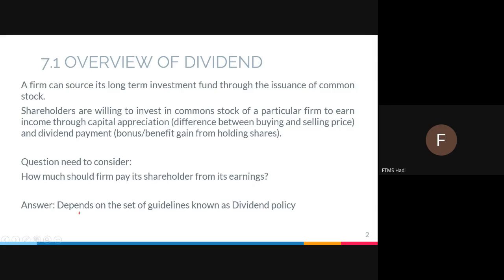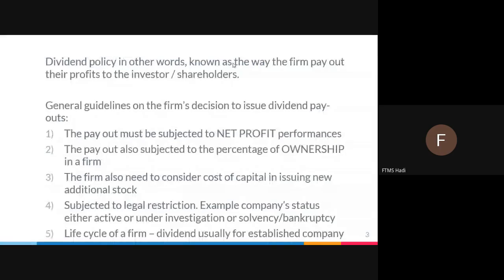The answer depends on a set of guidelines known as dividend policy. In order for the company to give dividends or issue a payout, there are some guidelines that need to be considered. Let me explain them one by one. The decision made by the company is not based on the sky heaven.